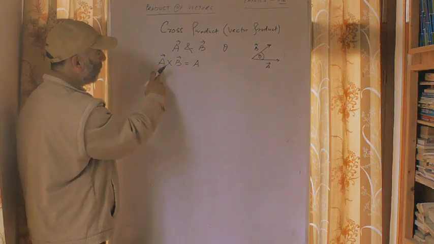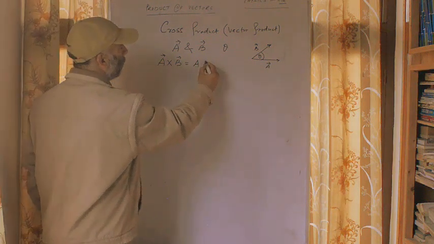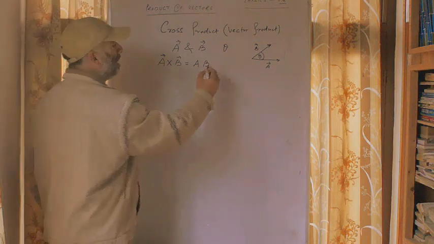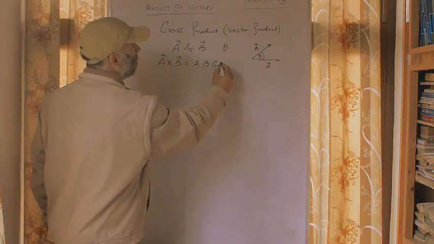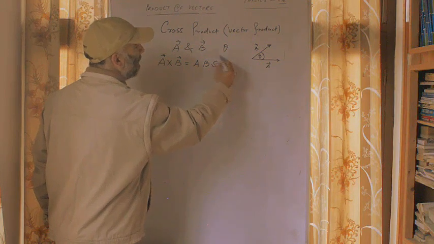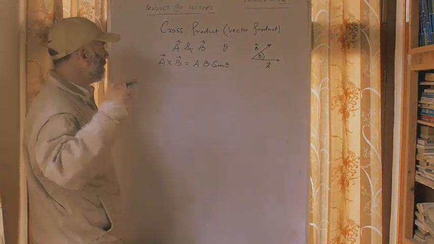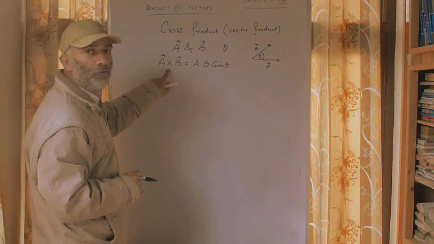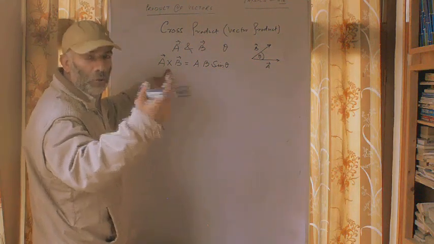This is magnitude of vector A, magnitude of vector B, and sine of the smaller angle between them, sine of theta. But you have to remember here, cross product of two vectors is basically a vector quantity.